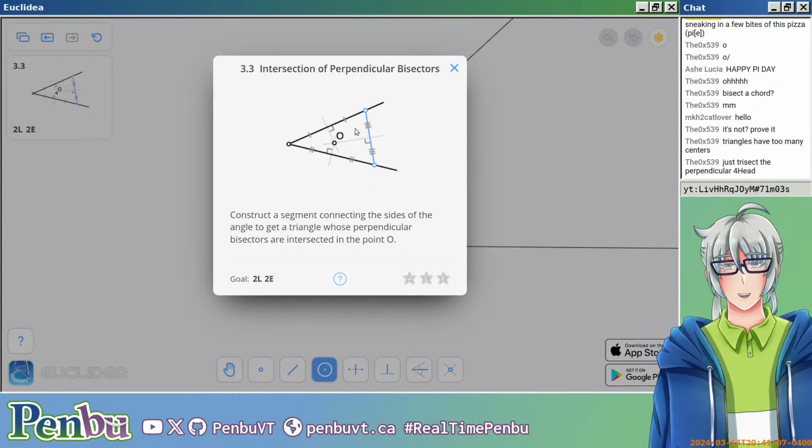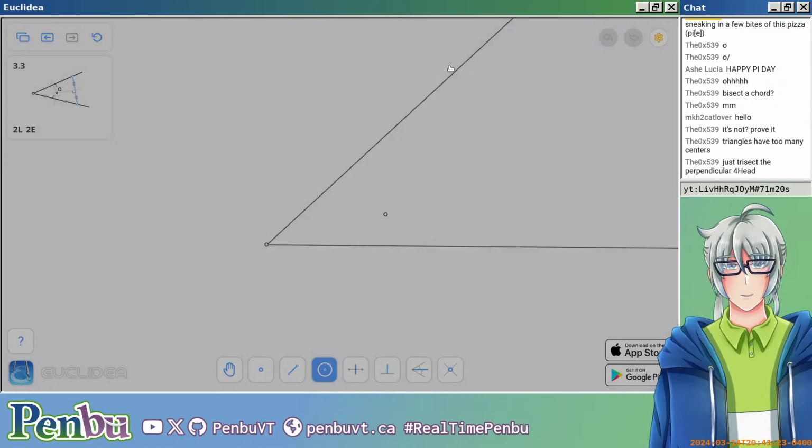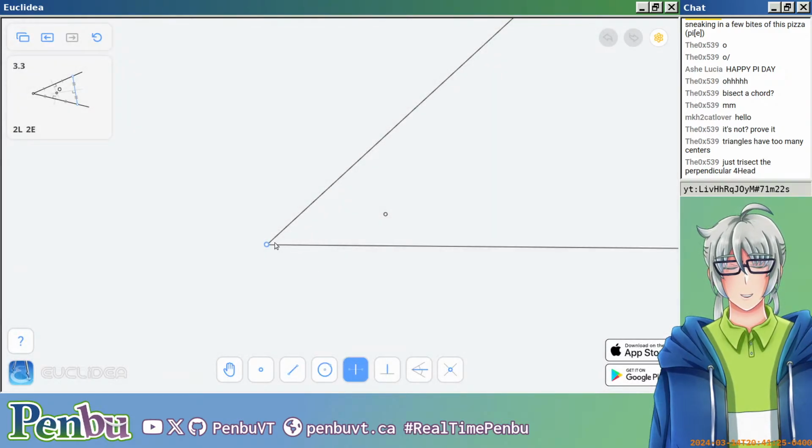And you get all those, and they all intersect at one point, this point O. I don't remember what significance this point has. I'm sure it has something.